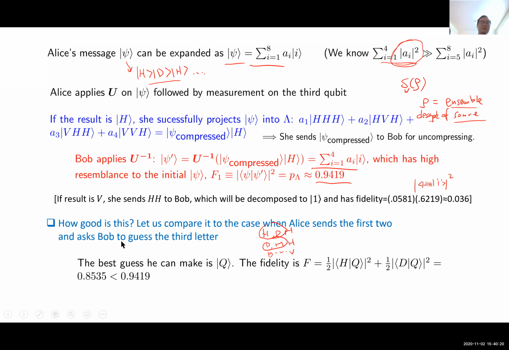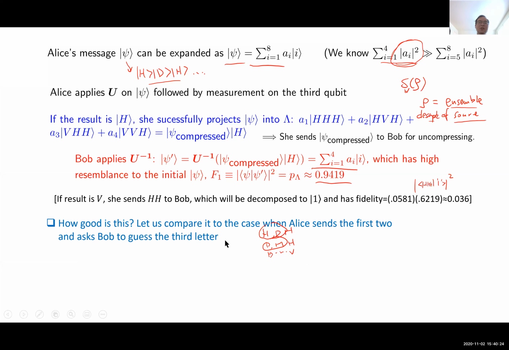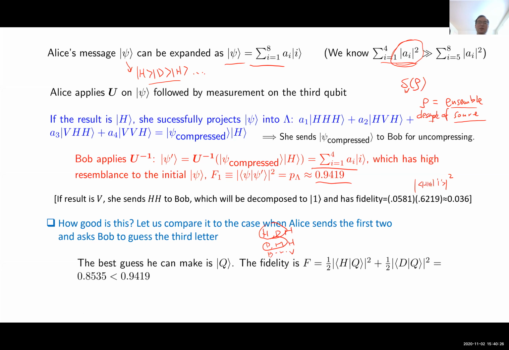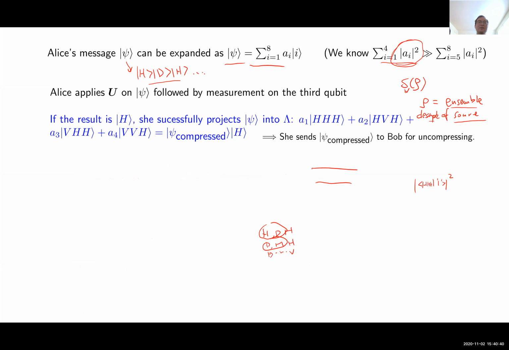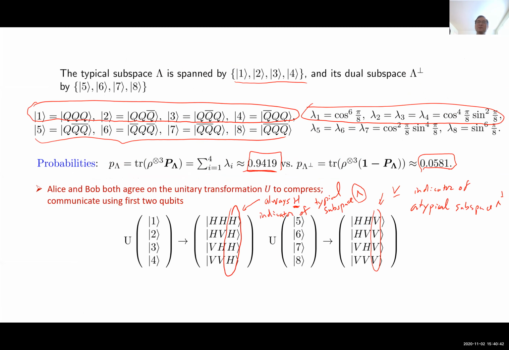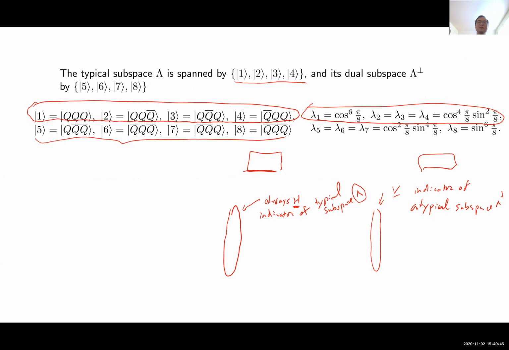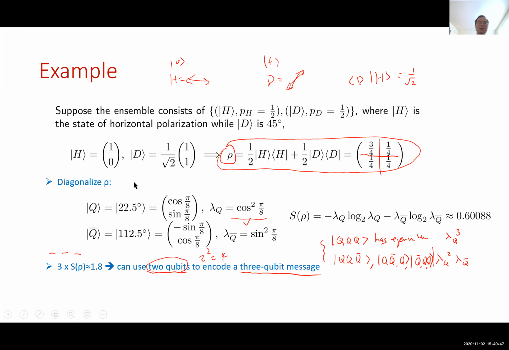So suppose Bob has to guess the third letter. He knows that if he uses H or D, it's actually not the best because he may succeed in one case and fail in the other, but probably the best guess is to use Q, because Q is the largest eigenvector of rho.